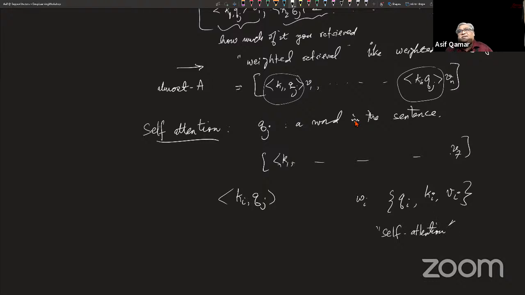The words are paying attention to each other in the sentence. We are talking about how much of a V1, the value, to retrieve from the database. So the shift in thinking is, it is not how much to retrieve, but how much attention to pay.